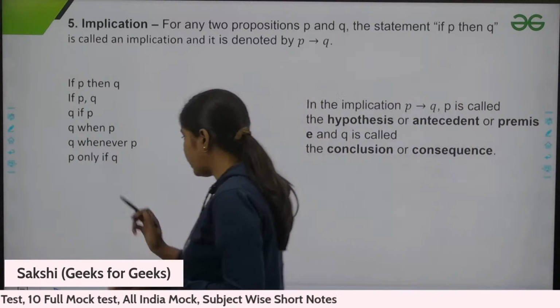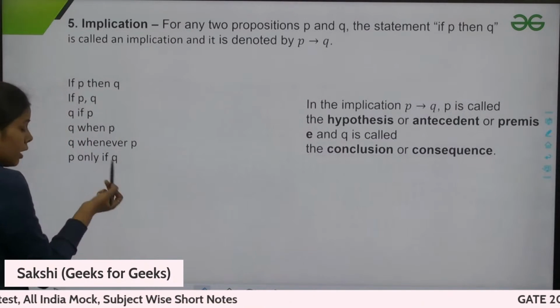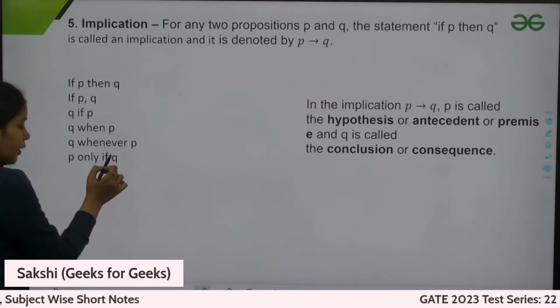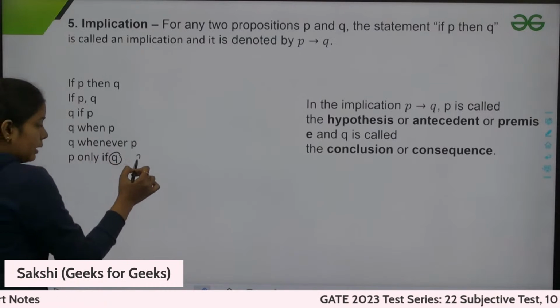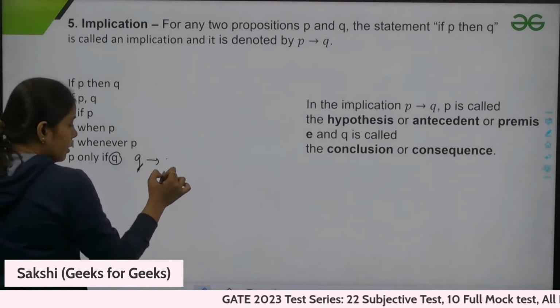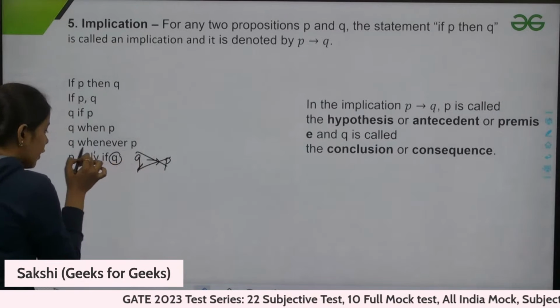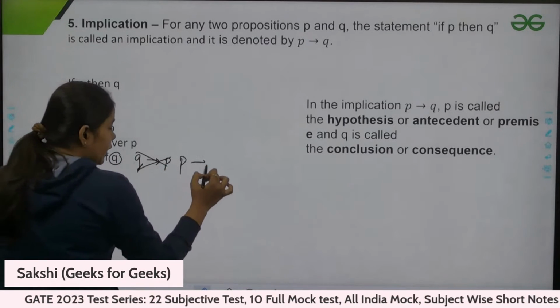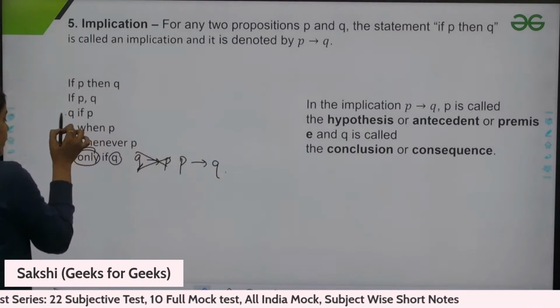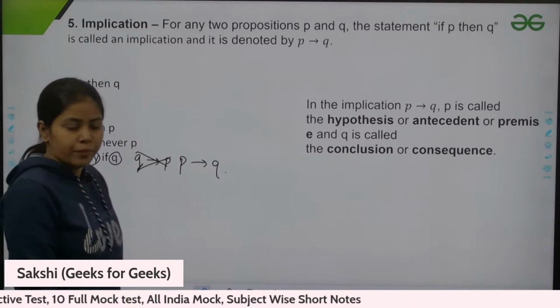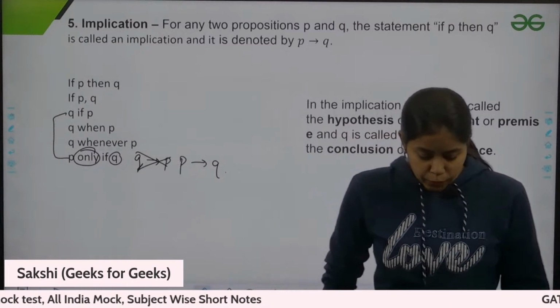Now you can see here that we have written P only if Q. Now students get confused. We have written Q after if. Can they write Q implication P? No. Because if we have only, then I'll write P implication Q. Just don't get confused with Q if P and P only if Q. That is the main point.